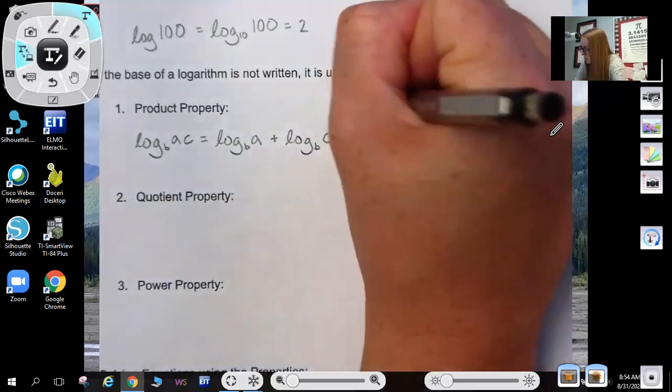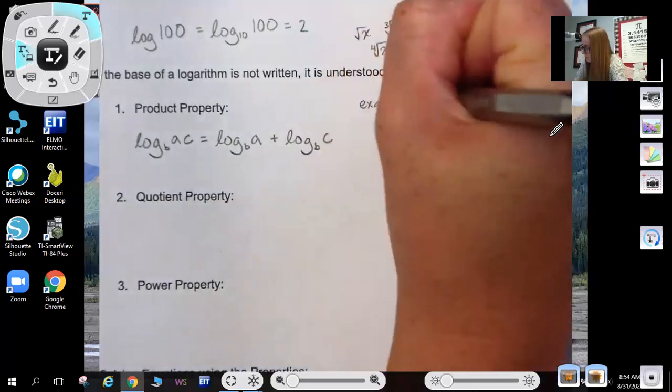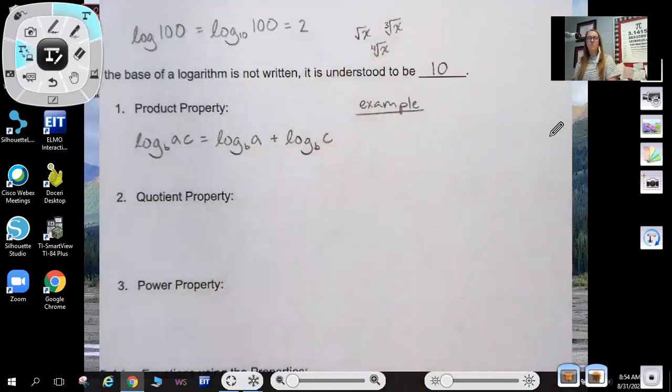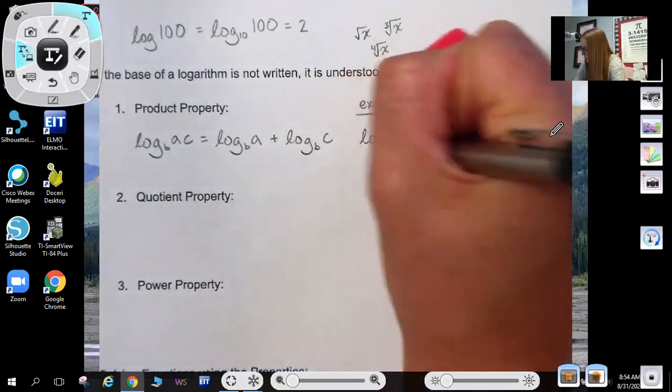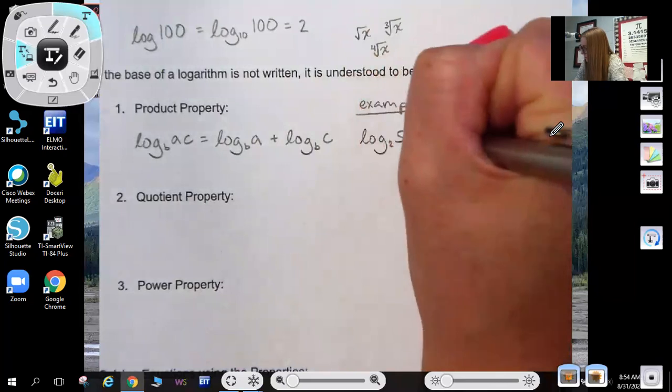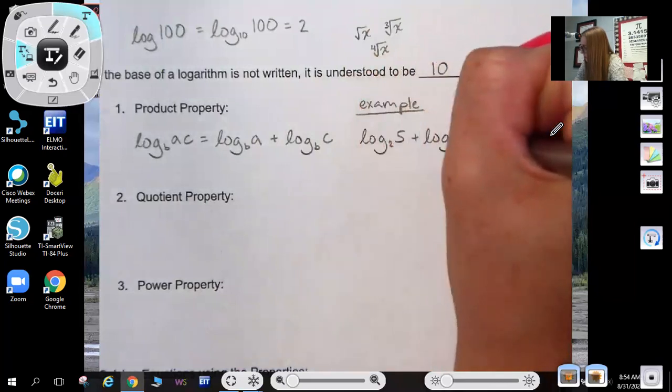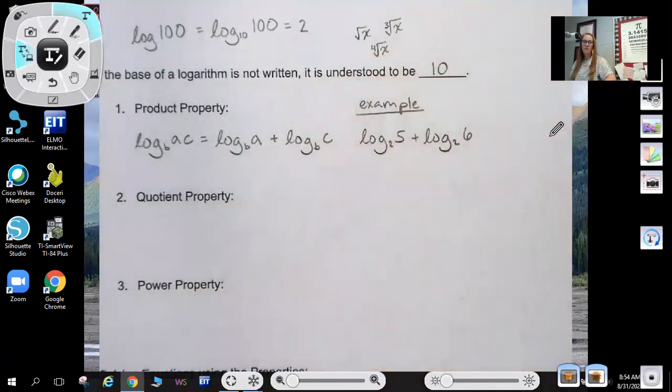Here is an example of how we will use the product property. Log base 2 of 5 plus log base 2 of 6. So the way that we're going to actually use this property is kind of backwards from how the definition is written. The definition shows us one logarithm being split into 2.